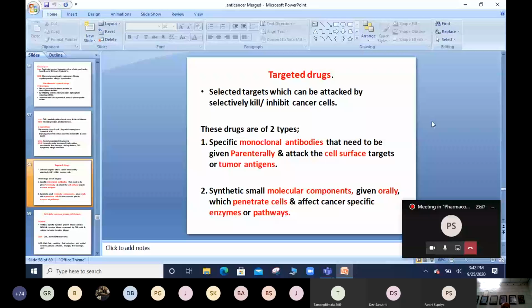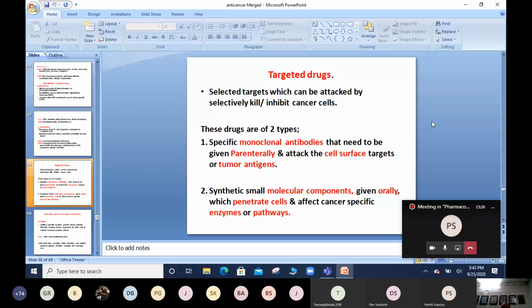The next drugs are synthetic small molecular components. That means they are chemically synthesized substances with small molecules, and these are given orally.